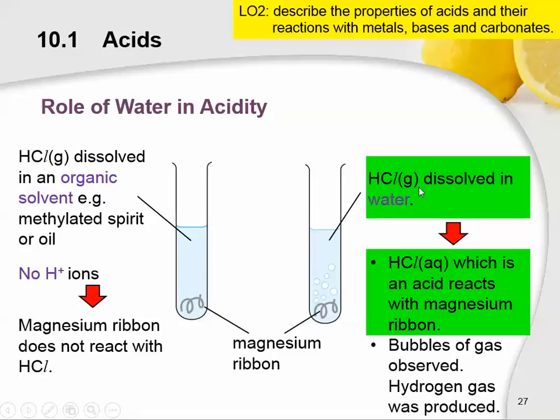When HCl gas dissolves in water, it forms HCl aqueous, and you know HCl aqueous means hydrogen ions and chloride ions are present. So the hydrogen ions can now cause the solution to become acidic and react with magnesium ribbon to produce hydrogen gas. The observation is effervescence, or bubbles of gas produced.